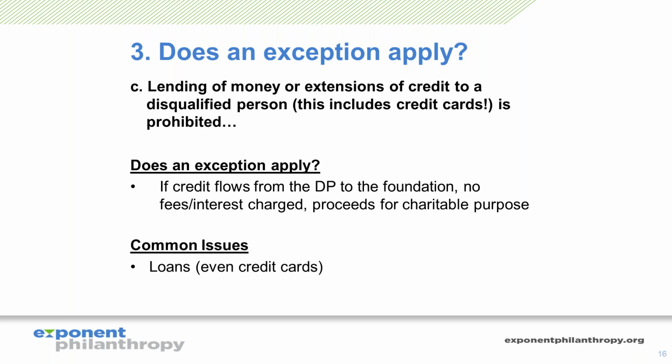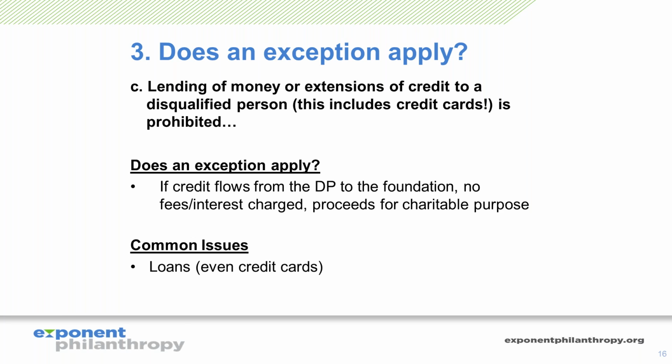This also comes up more commonly with the use of credit cards. The way to think about that is, let's say the foundation has a foundation-owned credit card, and the disqualified persons, the insiders, happen to charge a personal item on that credit card inadvertently.